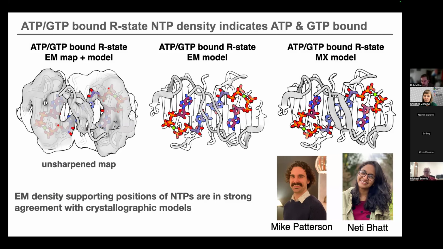And so crystallography, I don't have a picture of the density here, but it was able to obtain super high resolution details, not only about how these N-terminal tails interact across the regulatory dimers for each nucleotide bound state, but it allowed us to confidently assign the identity of these nucleotides, which from the EM maps alone is very challenging to do. But with really high resolution crystallographic models, we were able to confidently assign the position of both ATP and GTP in this case.